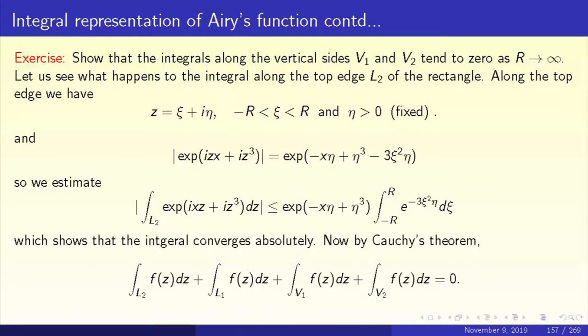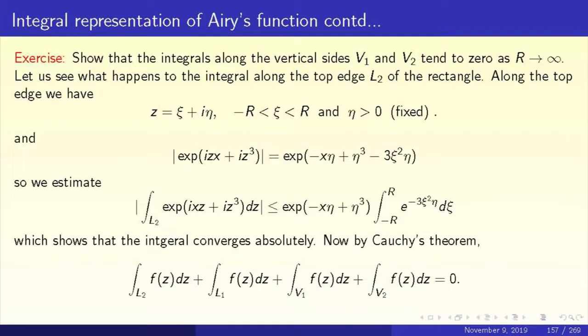So mod of exponential is the same as exponential of the real part. So what is the real part of i z x? It is minus x eta. Remember, z is chi plus i eta. So i chi x should be ignored, and minus x eta becomes the real part. Now look at z cube. z is chi plus i eta.